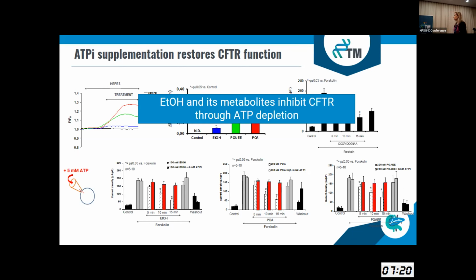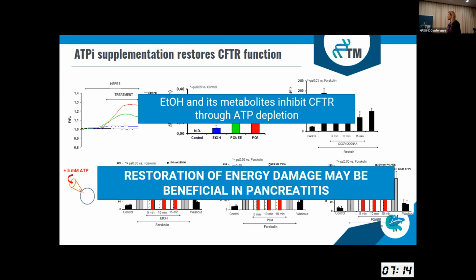These results indicate that the restoration of the energy damage by ethanol can be beneficial in pancreatitis.